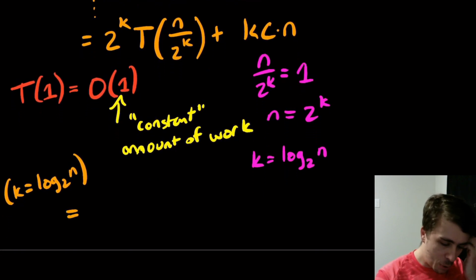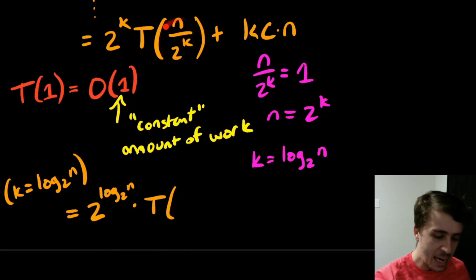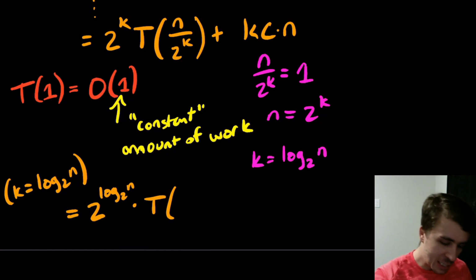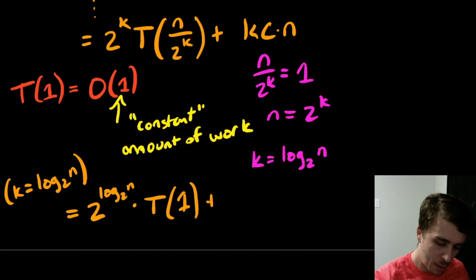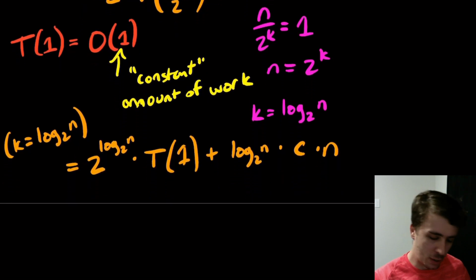Well then, putting it into the expression up here, we have 2 to the power log base 2 of n times t of, well, we know, since we solved for k such that this funny guy in here is exactly equal to 1, this is actually 1 on the inside, because that's just what we solved it to be. Plus, well, k is log base 2 of n, times c times n. I'm just substituting it in the expression.